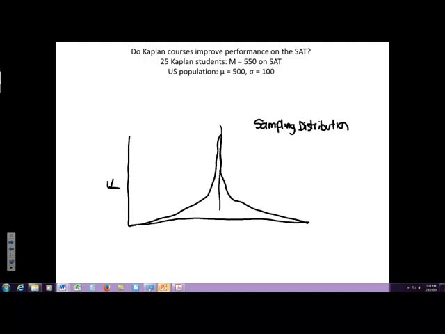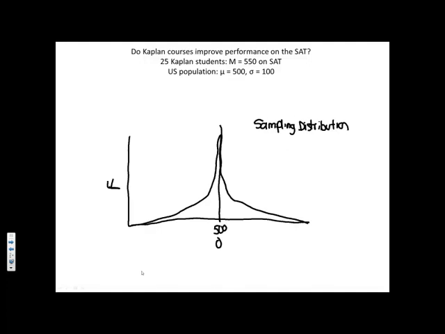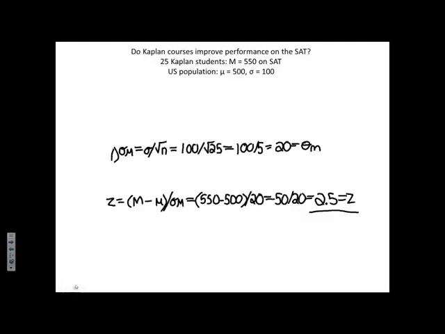The mean is still in the middle, and the mean is still 500 with a z-score of 0. But now, whereas before these were x values compared to z-scores, now we're looking at the mean values and their corresponding z-scores. And now we are basing this on the standard error that we found to be, let's see, 20.